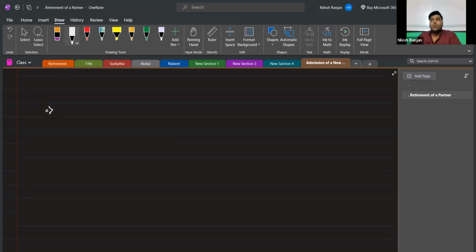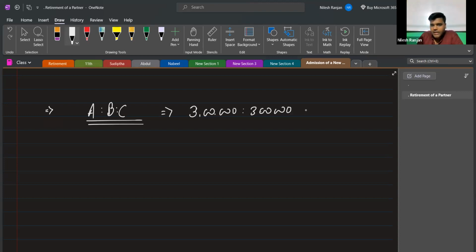Let's say the question tells you that if a partner retires, then after payment to the retiring partner, we have to keep 5 lakh as the capital of the new firm. Let's say there are 3 partners, A, B, and C. It is a very simple concept. Their capital was 3 lakh, 3 lakh, and 2 lakh.